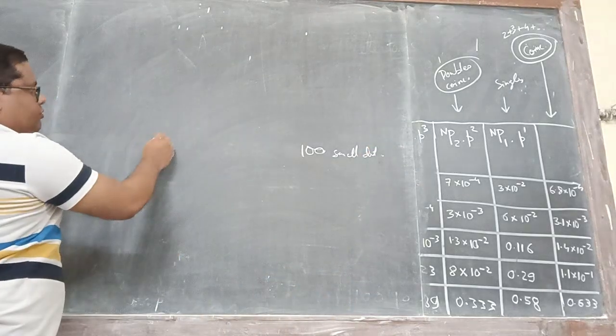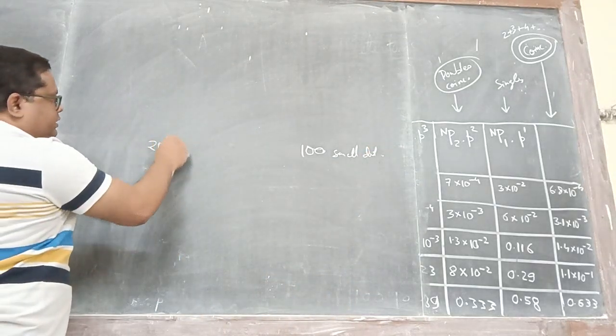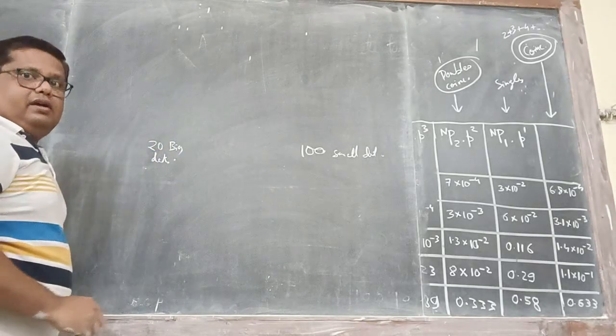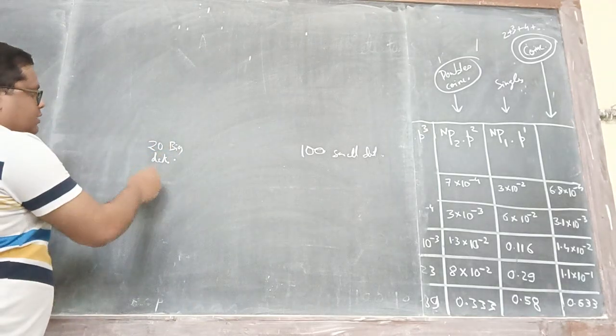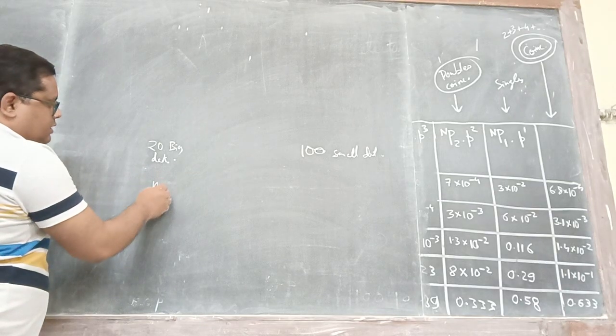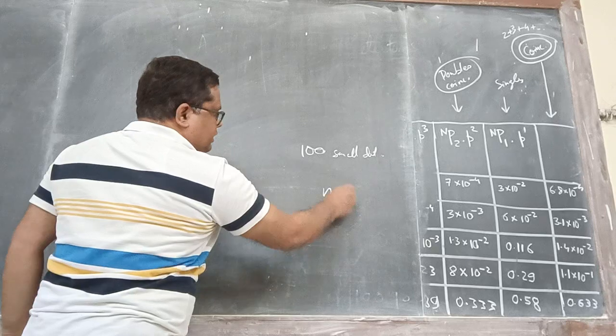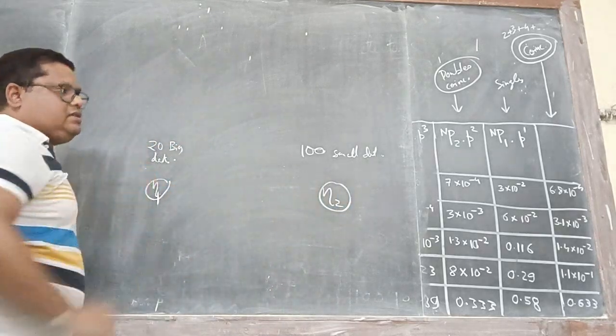And in another, we have got say 20 big detectors. Now overall it is seen that the efficiency is very large for these detectors compared to these detectors. Overall efficiency is large.